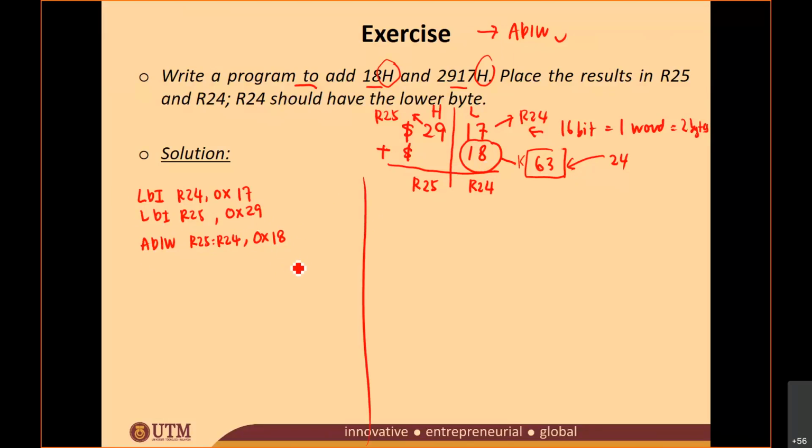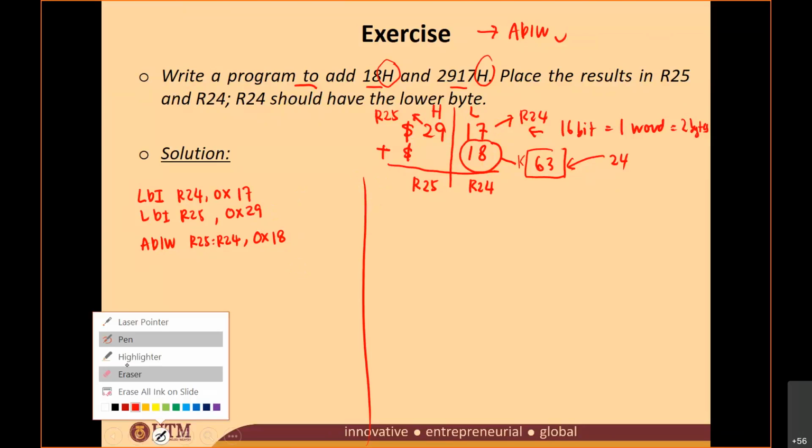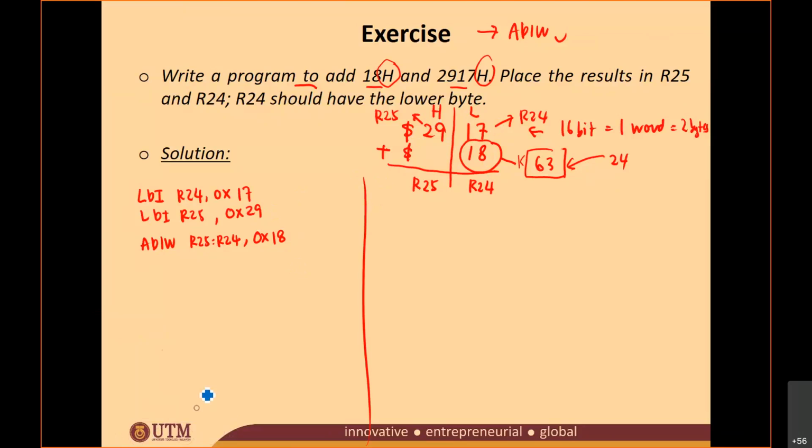What about the longer version? So what you're going to do is, this is the first number, just in another color. So this is the first number, 2917, and this is the second number.